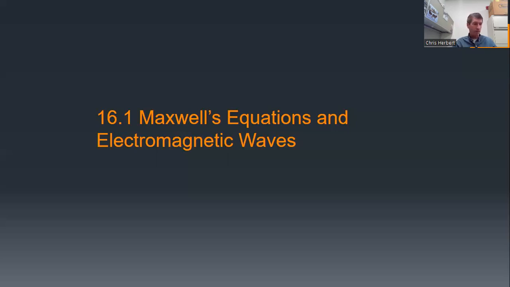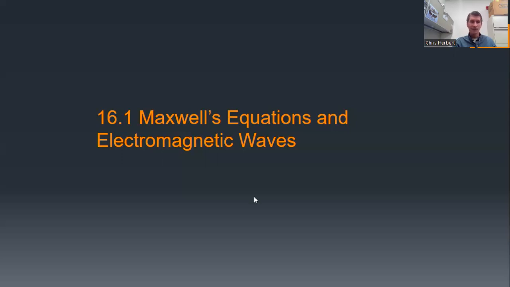So now what we're going to do is take some of the concepts that we've learned, Gauss's law, Faraday's law of induction, Ampere's law, and we're going to see how we can combine all of them and generate the electromagnetic wave, which our eyes know as light. So here we go.